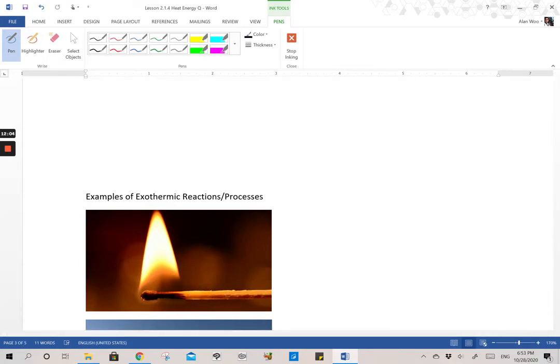Our first example of an exothermic process is, of course, combustion reactions. Okay? Things that produce fire. Fire tends to be exothermic because it releases heat into the atmosphere.